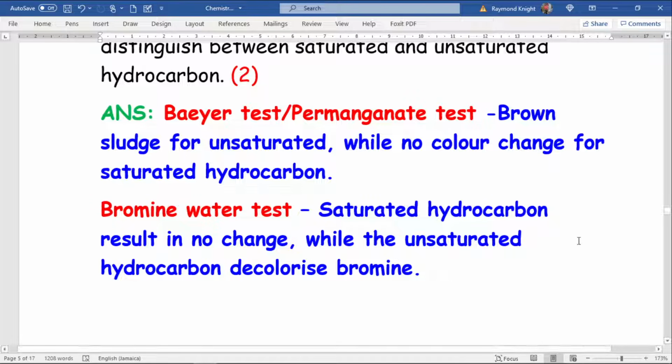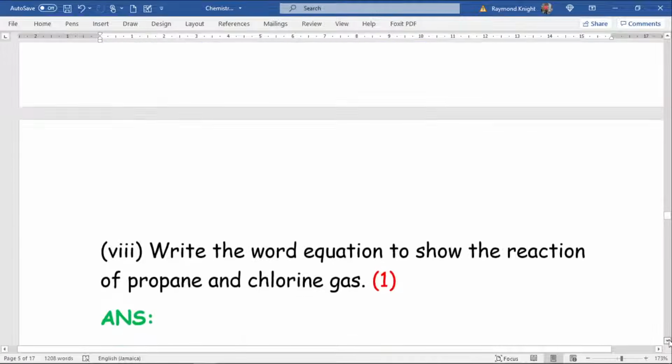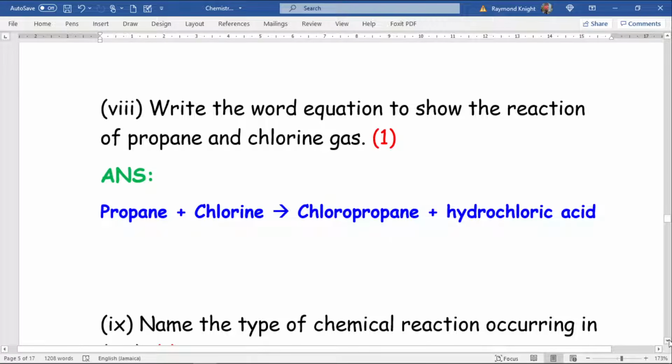Permanganate is an oxidation reaction, so you're going to oxidize the unsaturated hydrocarbon and oxygen will be added to it. But in bromine, it is halogenation taking place, adding a halogen to the unsaturated hydrocarbon.